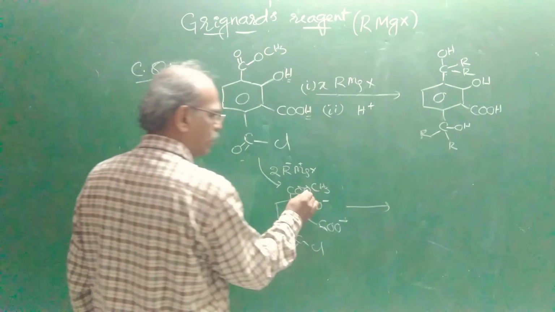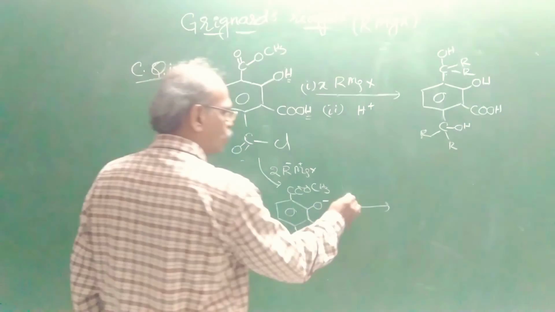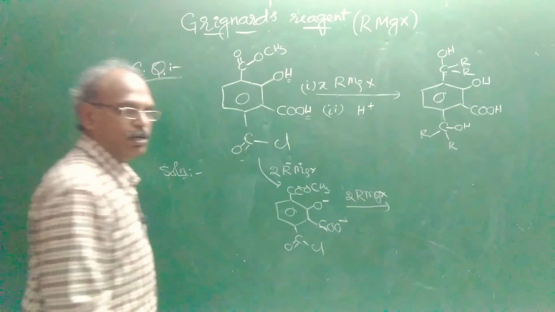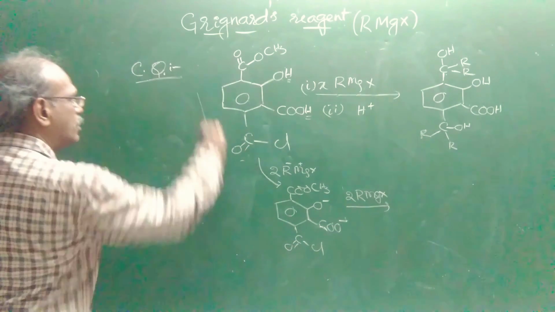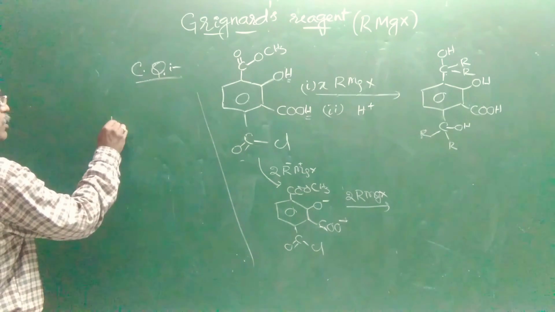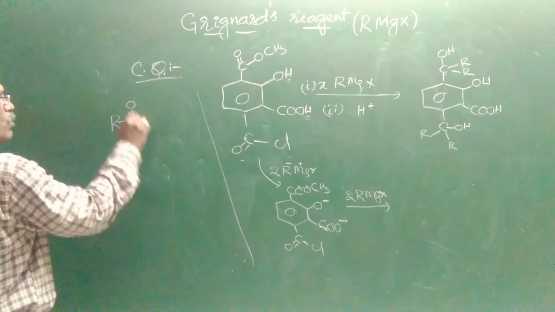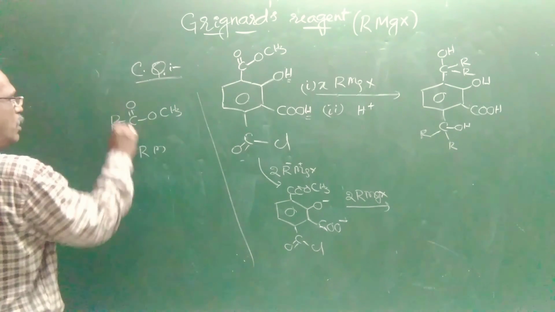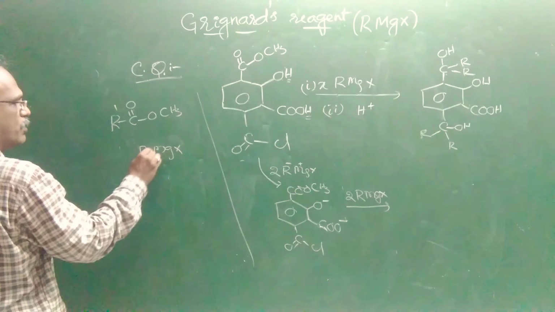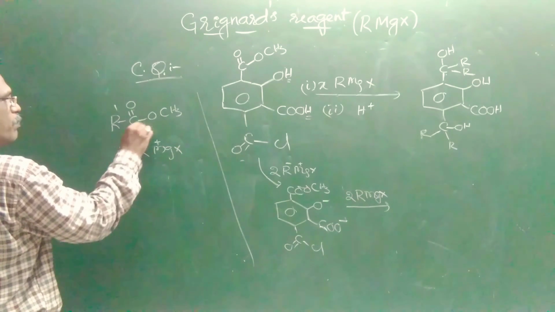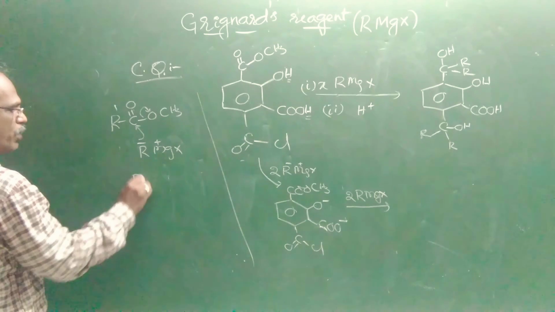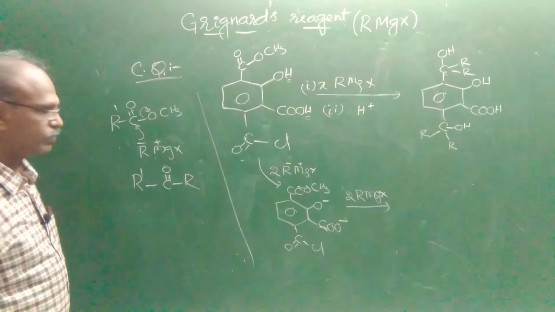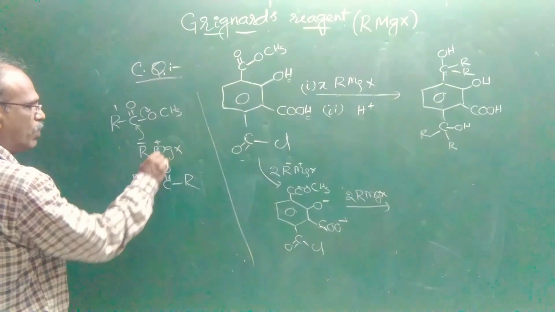Previously I told you with ester we need 2 moles of RMgX to get alcohol. Let's take an ester, RCOOCH3, with R dash MgX. First step is loss of OCH3, and what do you get? R dash COR, this is the product.